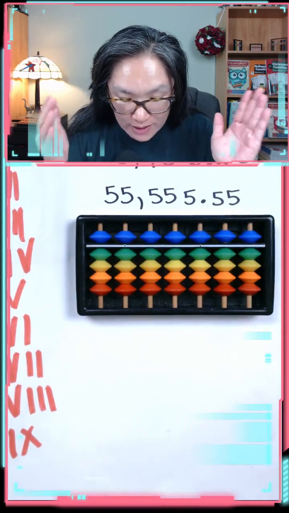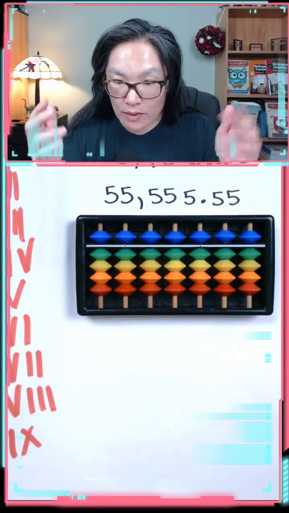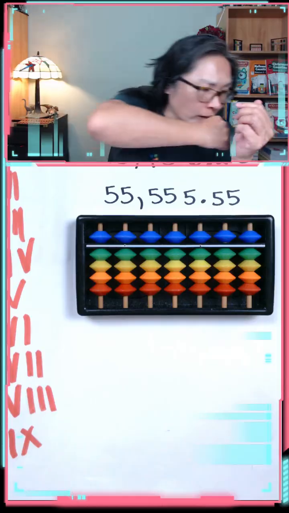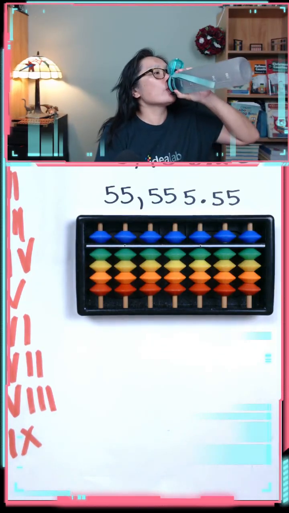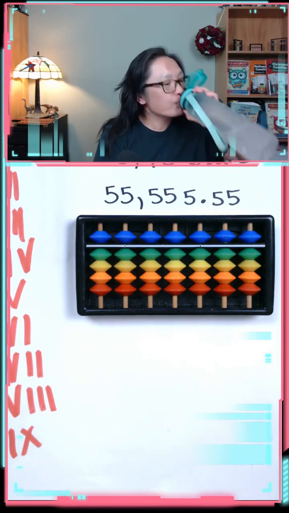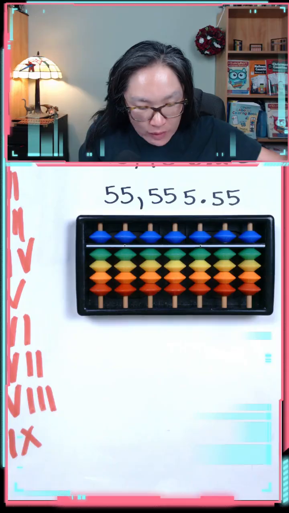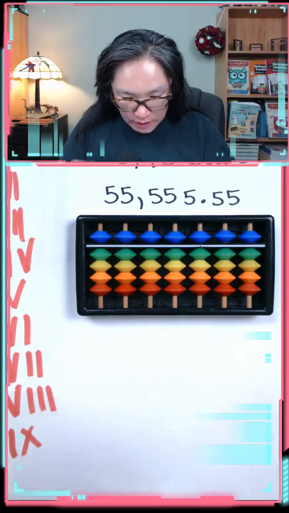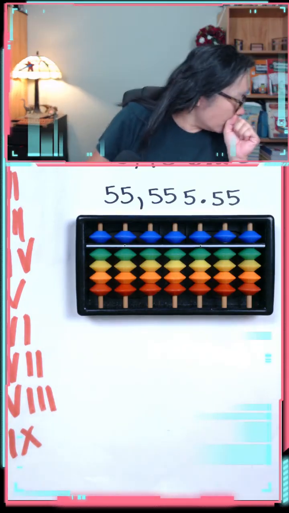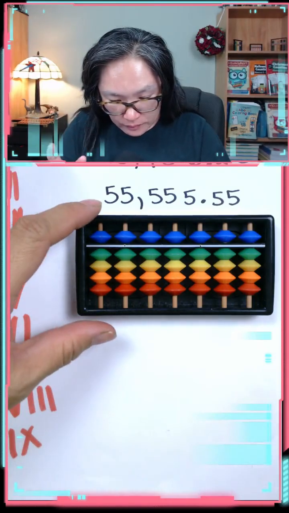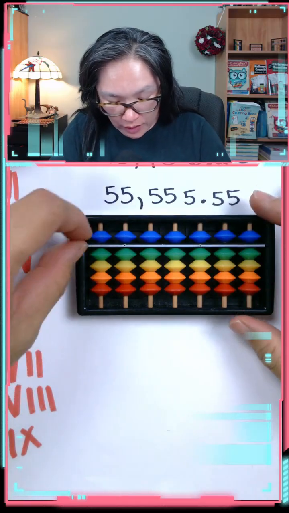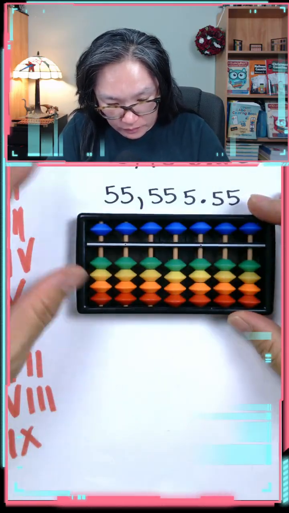Our numbers are a decimal system. So the abacus mimics the way we write. That's all it is. And that's what that means.